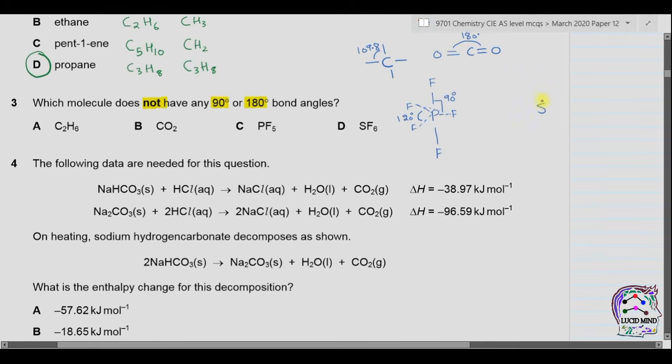So in SF6, bonds are like this, 2 fluorine atoms. Four fluorine atoms are in the same plane. So the bond angle is 90 degrees, while the one above the plane and below the plane also has an angle of 90 degrees. So the answer is A.